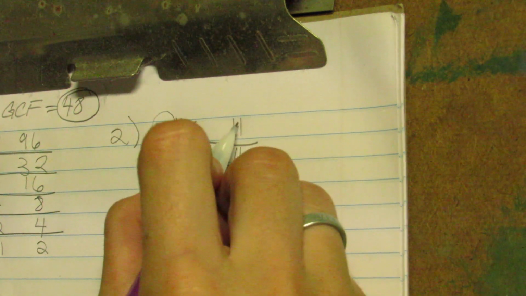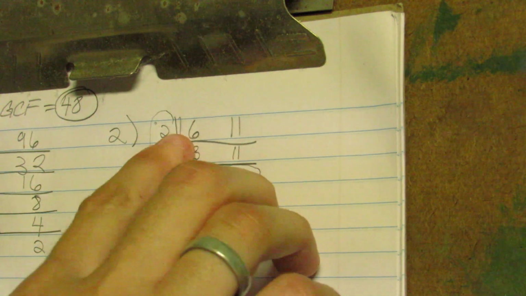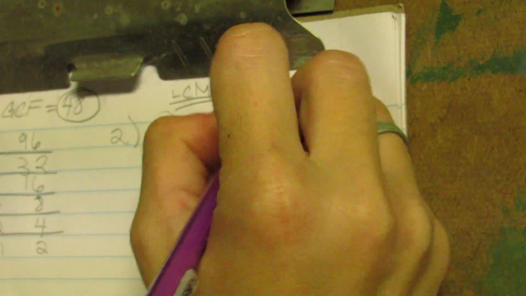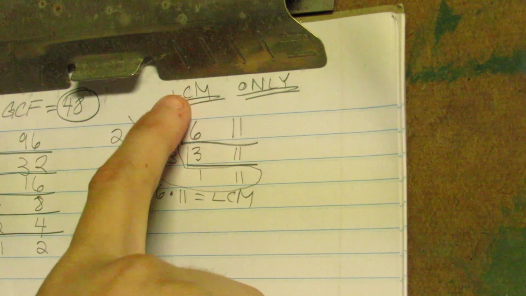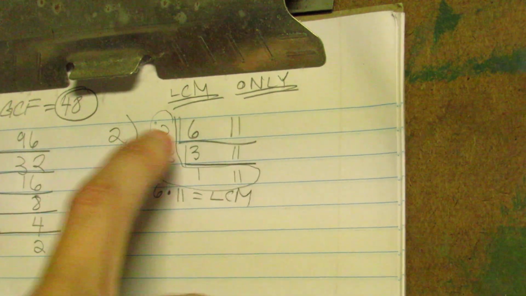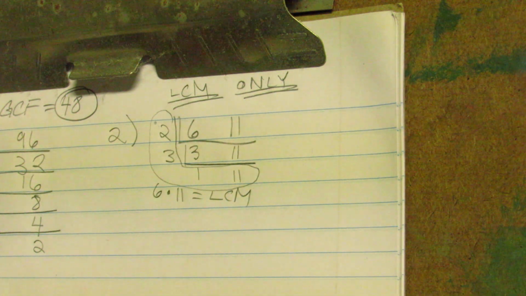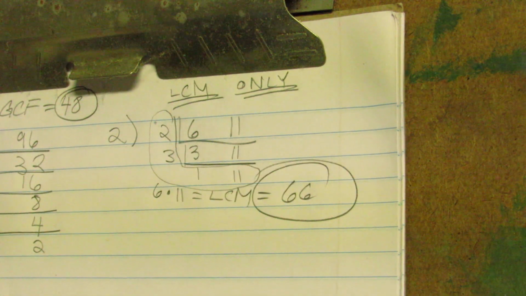So, if you know that one of your numbers is prime, you can just go ahead for an LCM problem only. So, if one number is prime and you're doing an LCM problem, you can go ahead and multiply 6 and 11, or do that prime times that number that is not prime. All right? So, my LCM for number 2 is 66.